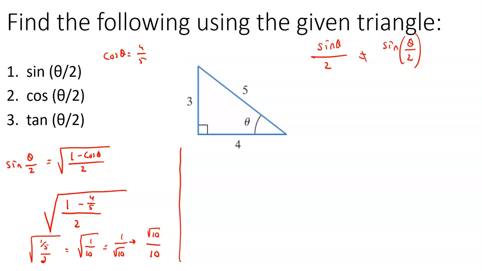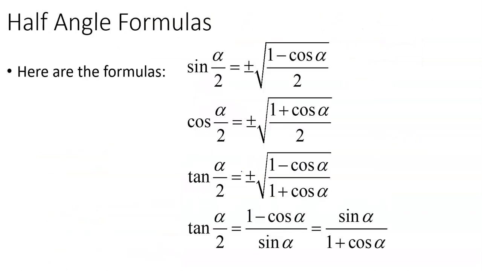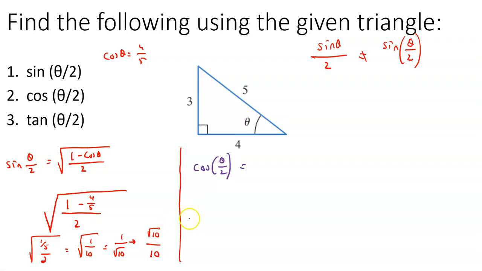All right, let's look at the formula for cosine. Cosine of theta over 2. Look, it's the same thing except there's a plus instead of a minus. So I'm going to get square root of 1 plus cosine theta over 2.